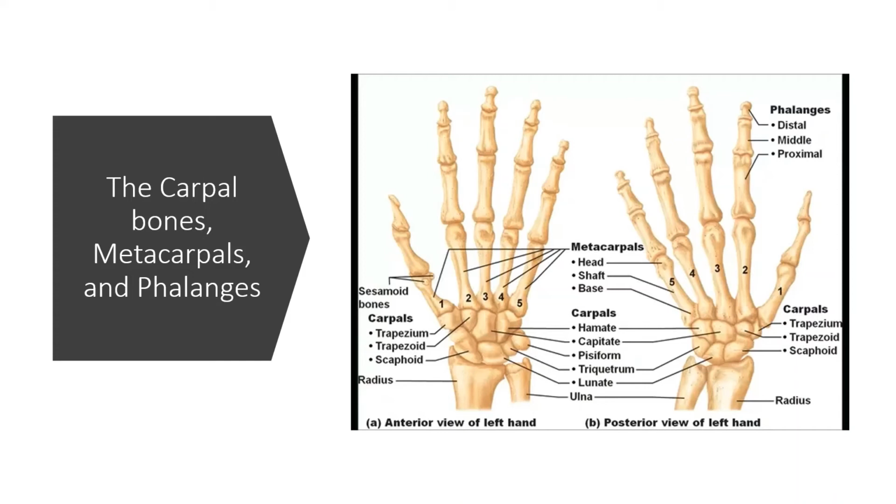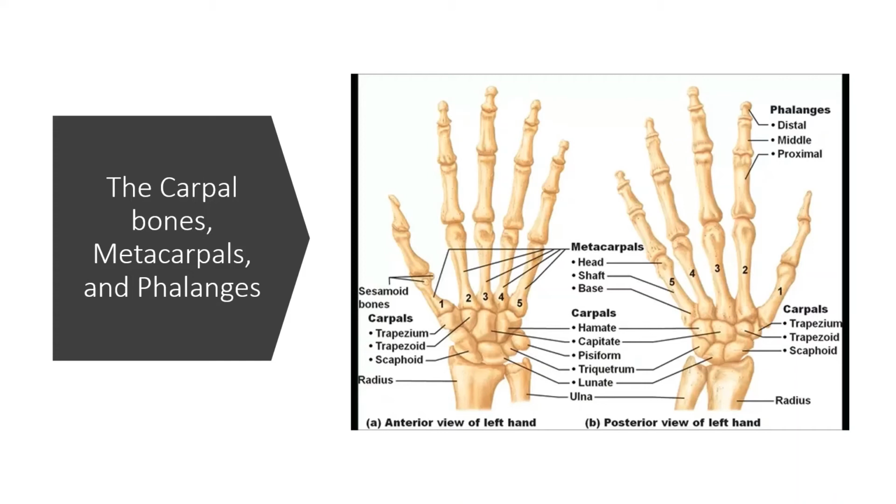I'll show you that when we go over the model. So it's scaphoid, lunate, triquetrum, and pisiform. If we go to the distal row, starting at the thumb side and going across, we have the trapezium, trapezoid, capitate, and hamate.